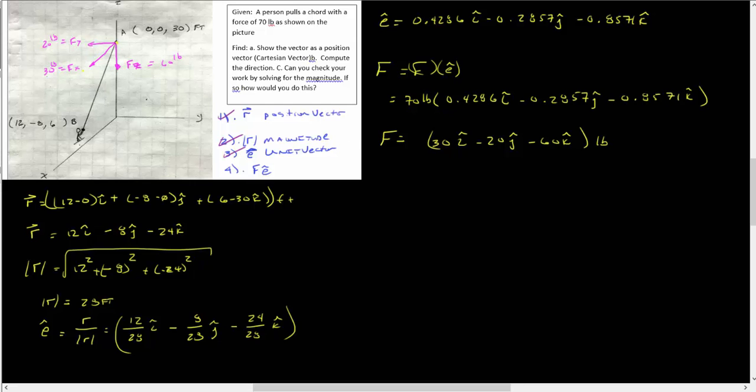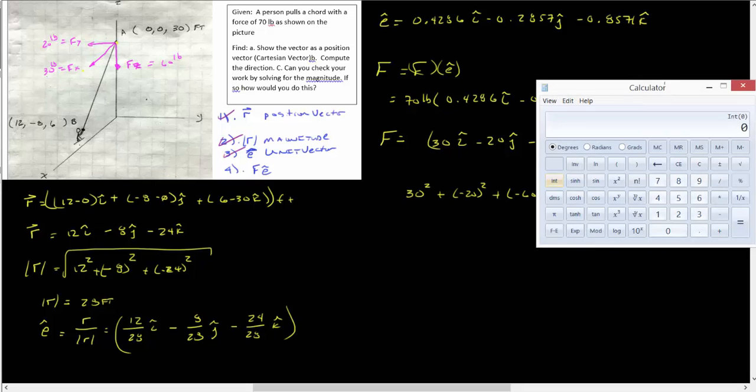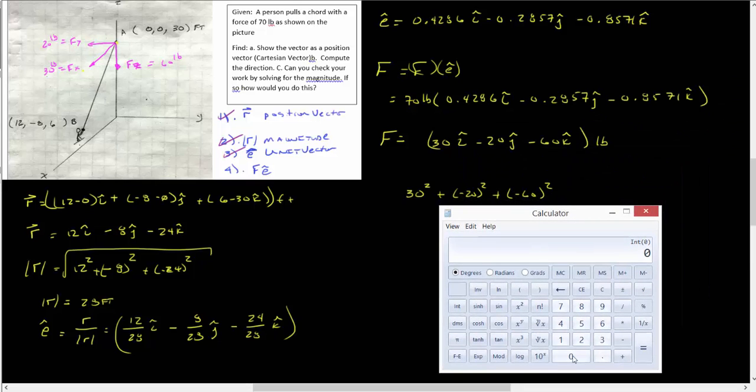Now, if you did this, if you said 30 squared plus a negative 20 squared plus a negative 60 squared, what do you think you're going to get? Well, let's just try it. Maybe I can do it on my calculator here. So 30 squared plus 20 squared plus 60 squared all equals 4,900.